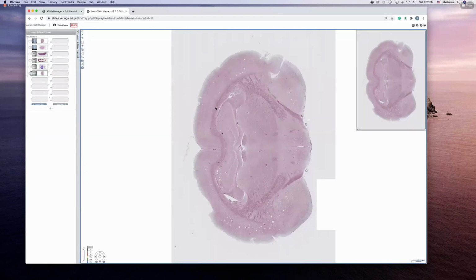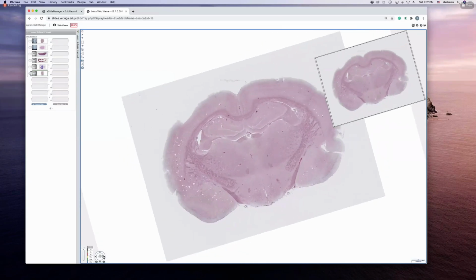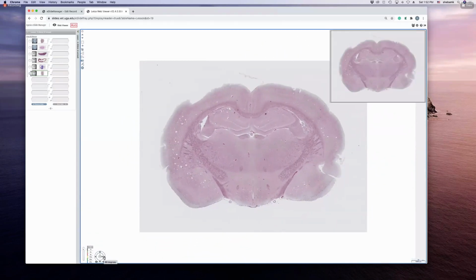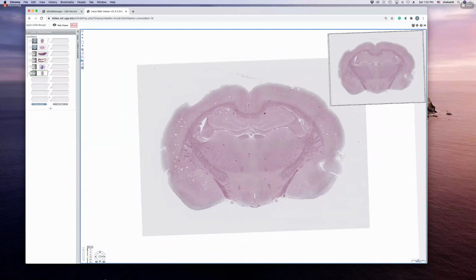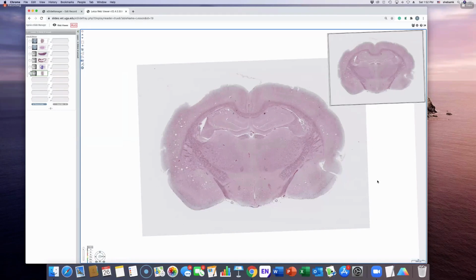So here is the nervous system section. What is this? The spinal cord? This is a section of a brain. Spinal cord is this one.